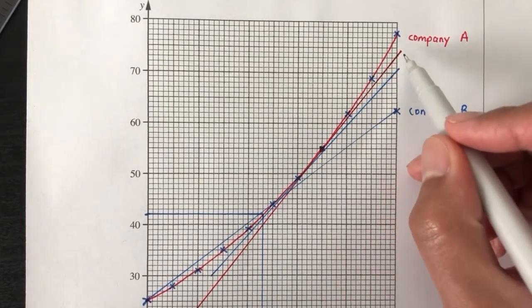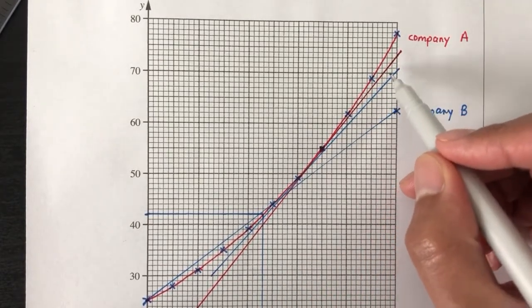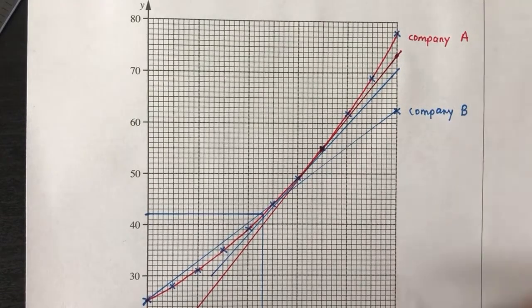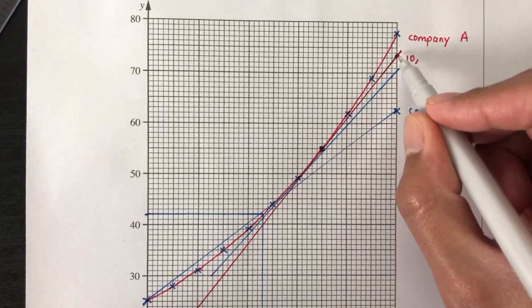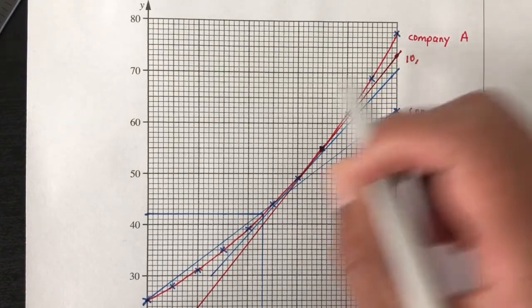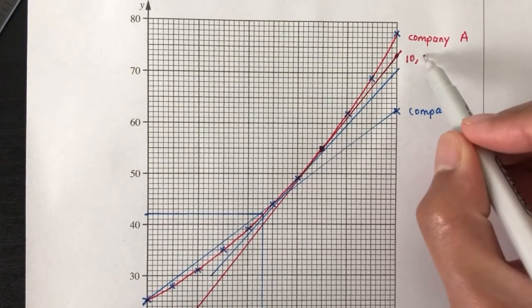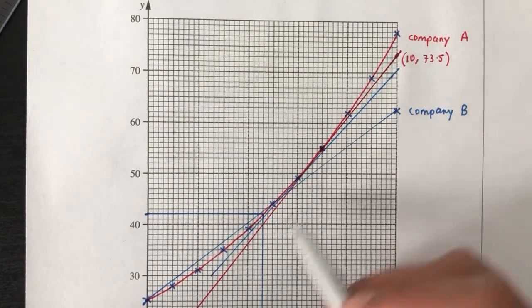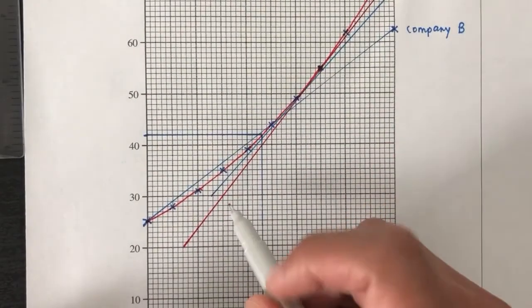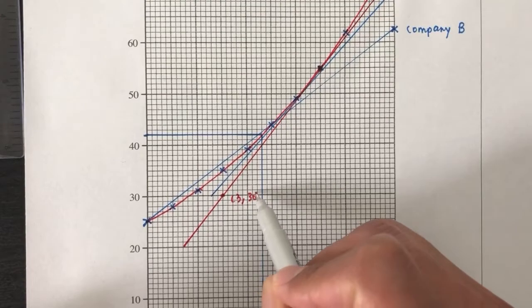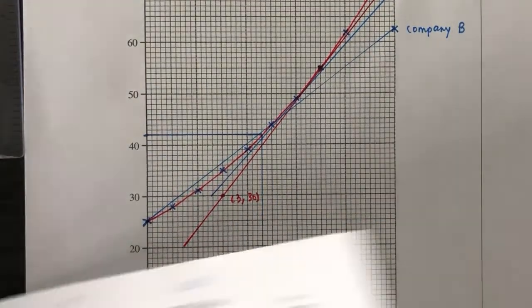So now let's find 2 points on this line. The first one, let's choose this point. That will be 10 and 73.5. That's the first point. And the next one we can choose, let's choose something here, which is 3 and 30. Okay, so we have 2 points.